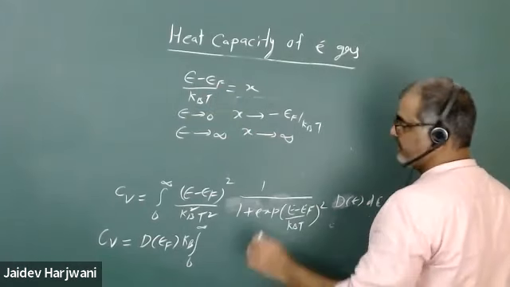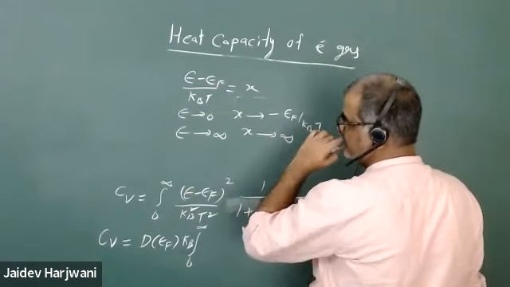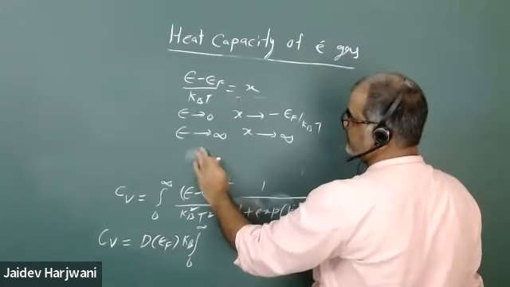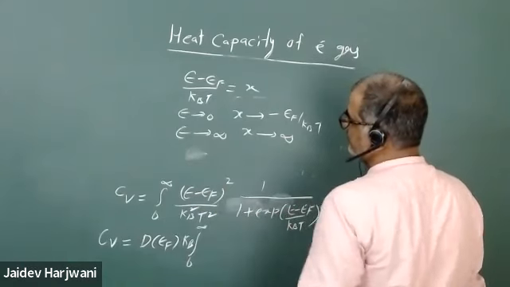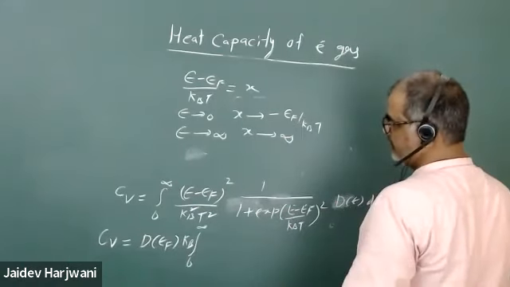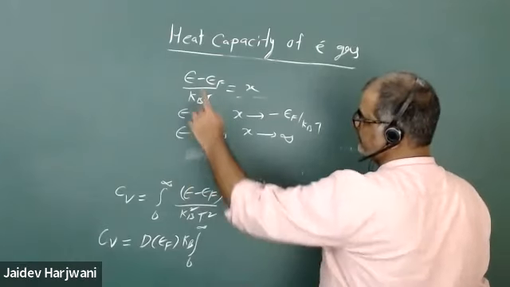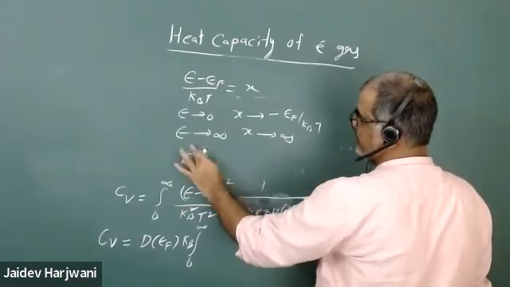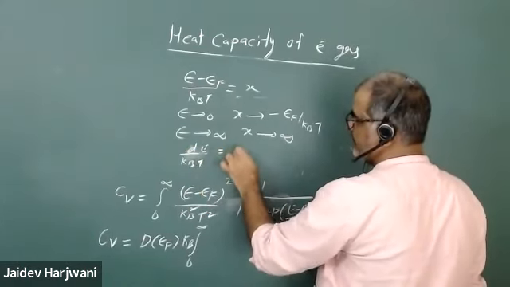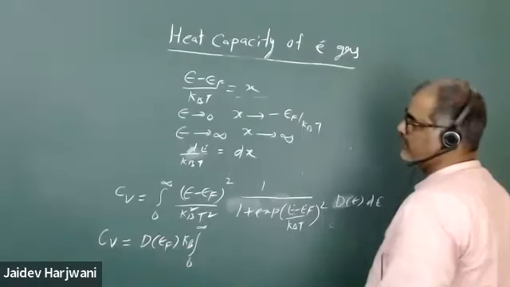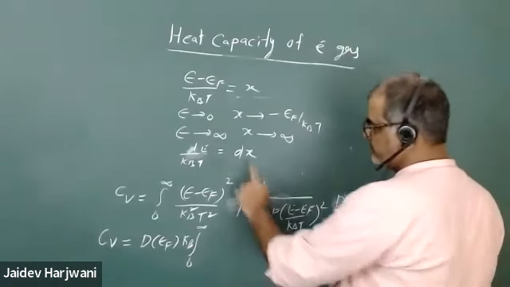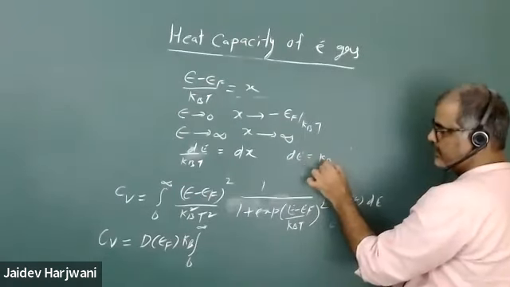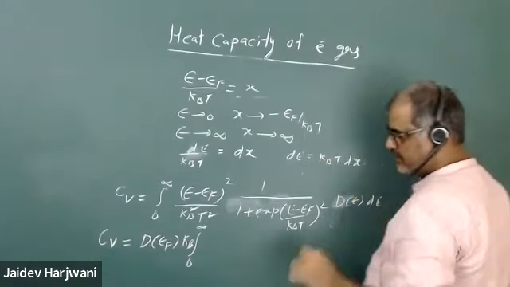And if I differentiate this one, I want dx, so differentiating with respect to dE, this becomes 1 by k_B T, dE by dx. So we can substitute this value. I want dE, so dE will be k_B T dx.